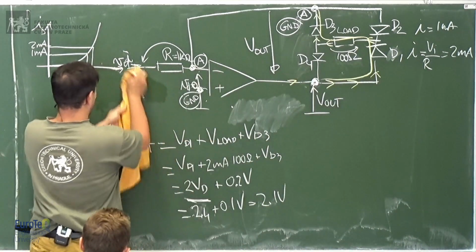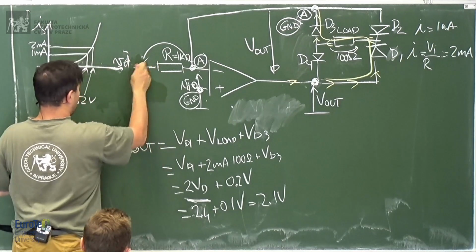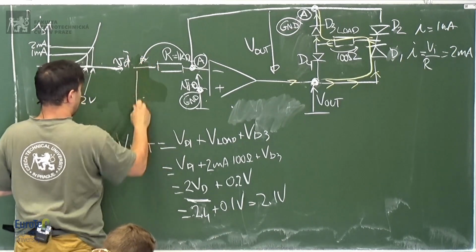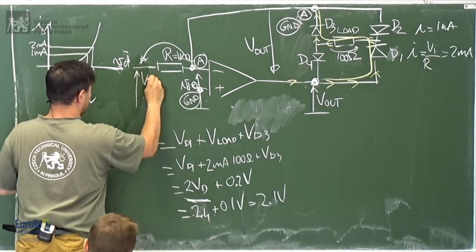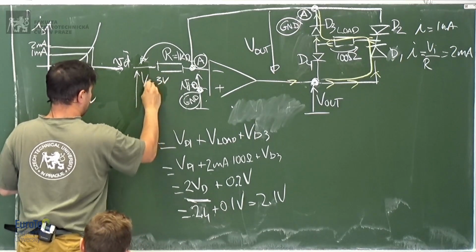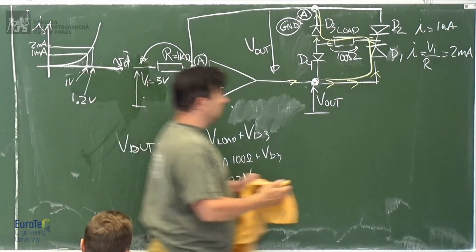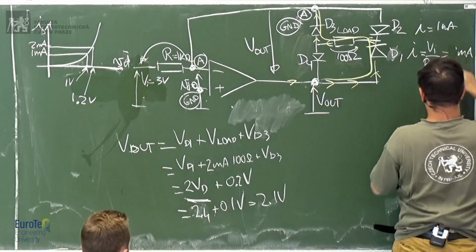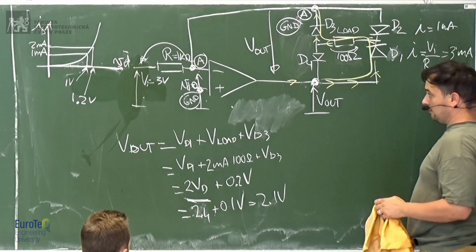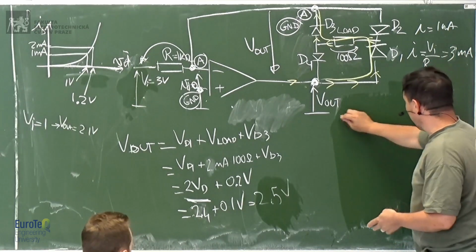Let's connect here at the input 3 volts. The current will be 3 milliamps. Let's make a table.